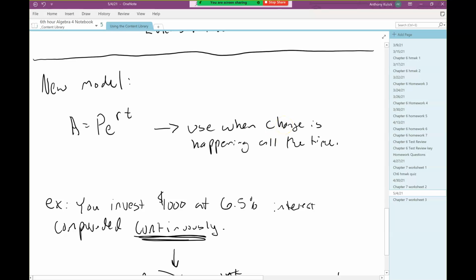So that means in a compound interest situation, the words continuously you should see, or it's related to a real life biological or science kind of situation, like a population is growing or there's radioactive decay going on would be a common one I might use.